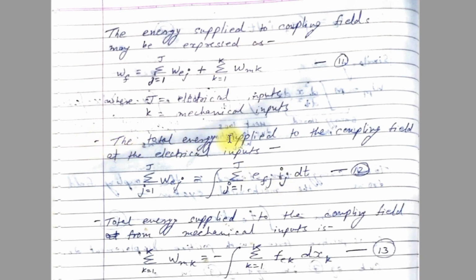So the total energy supplied to the coupling field at the electrical inputs would be sum of WEJ, which is equal to integration of EFJ into IJ into dt. Now how did we get to this particular equation number 12?